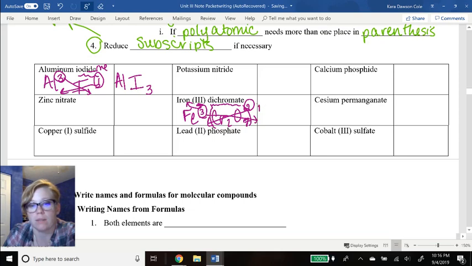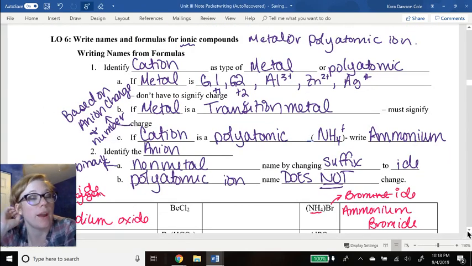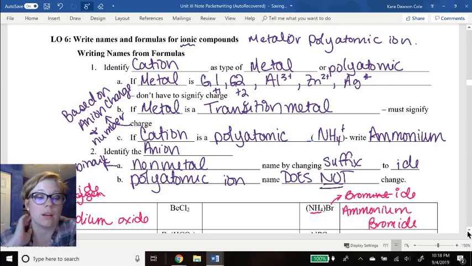So this is Fe2(Cr2O7)3. Okay, I'm going to leave you the rest of these to do on your own as practice. So this was learning objective 6, which was to write names and formulas for ionic compounds.